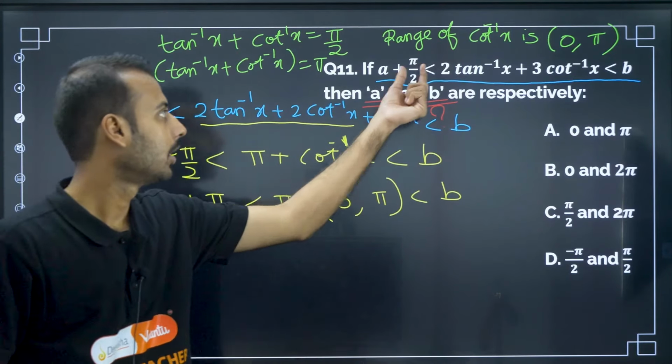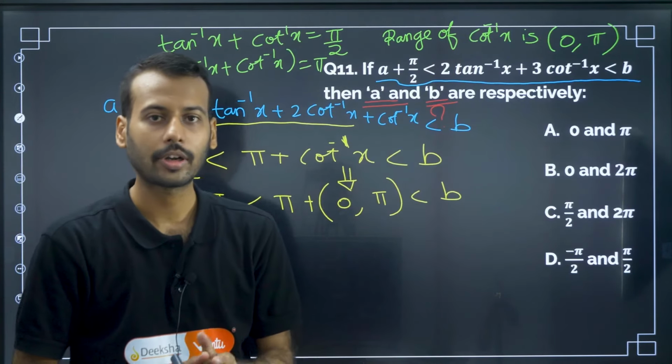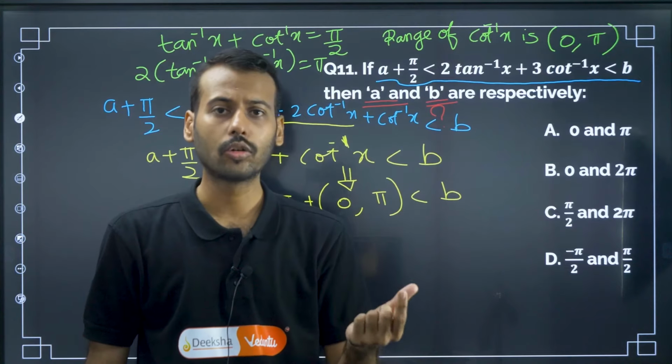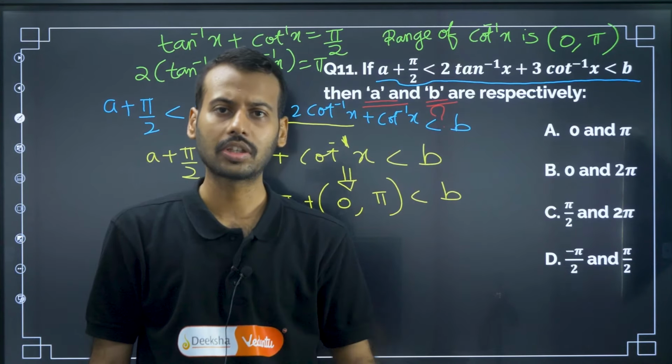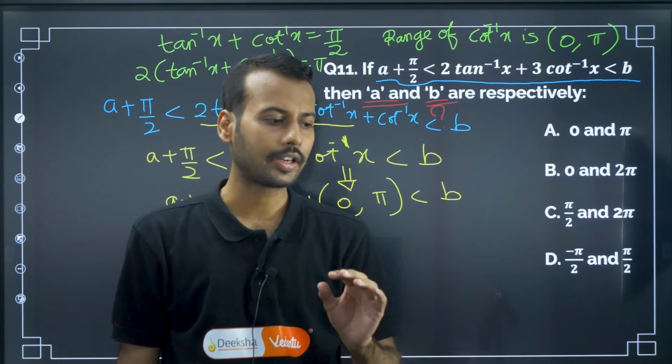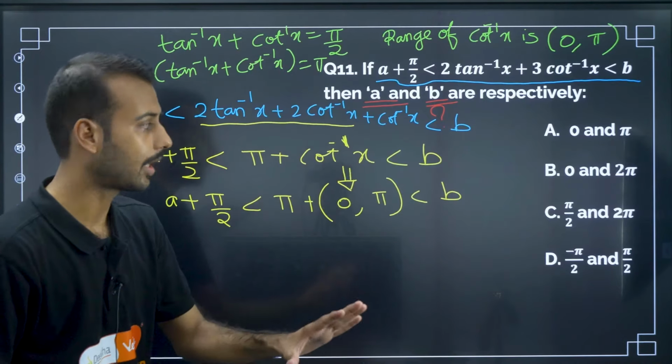Range of cot inverse x. See here, for the synopsis in inverse trigonometry, what you have to remember is all the domains and ranges of the six inverse trigonometric functions. That is 100% mandatory, the most important thing in that chapter itself.